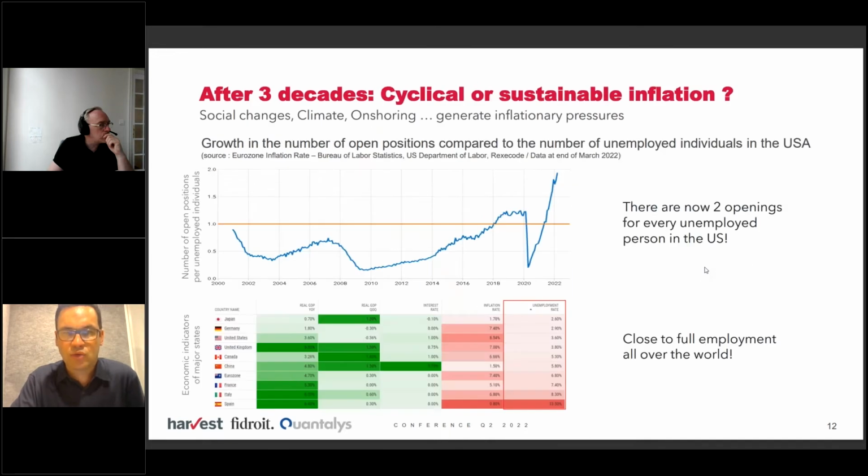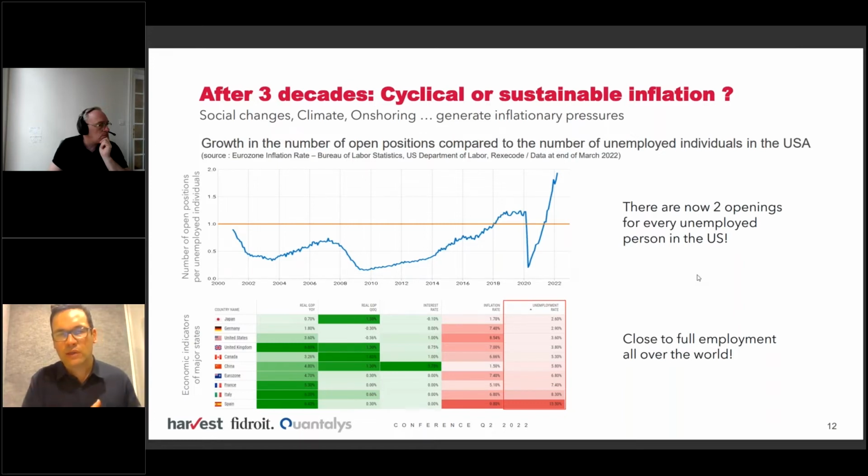On the next slide, you have these figures on unemployment. You see the unemployment rate in Germany is 2.9%. In the US, we are breaking record lows.